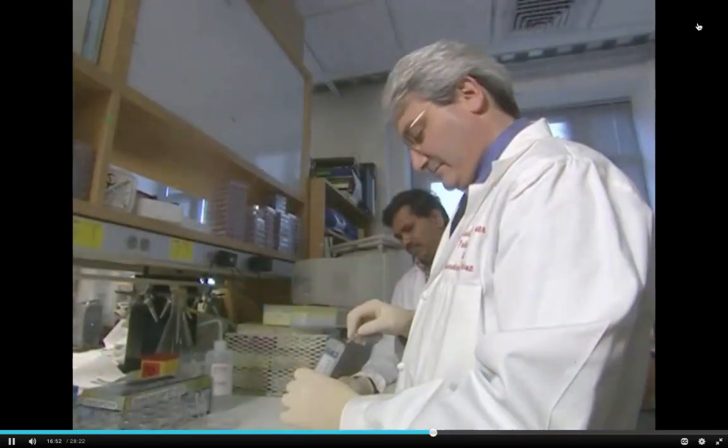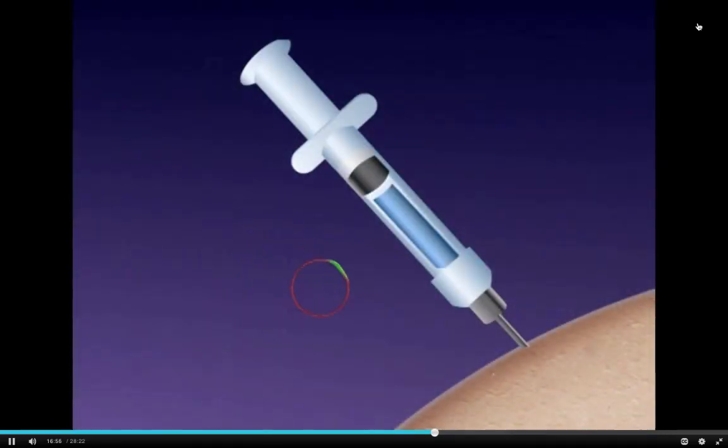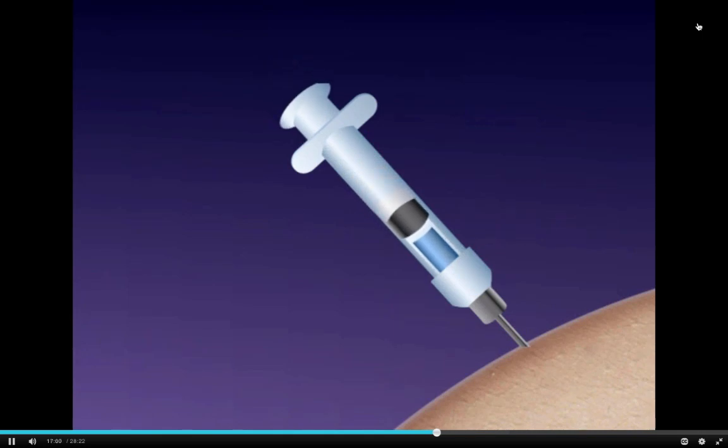We also delete essential functions in something that's going to go into people, such as the protease genes have deletions in them, and the reverse transcriptase genes. And we also rearrange multiple components of the virus to make sure that it can't reshuffle itself into some novel fashion. And we can test these in laboratory assays. The genetically altered plasmid is mixed in liquid and injected directly into the muscle.